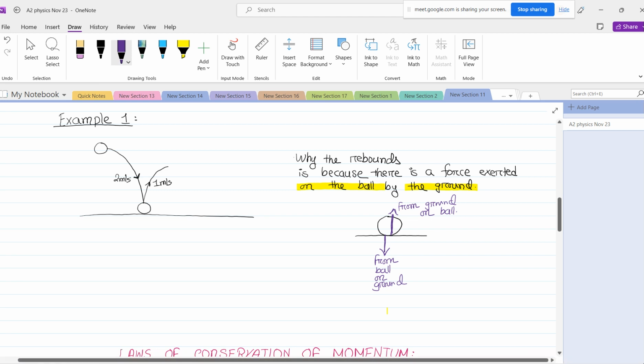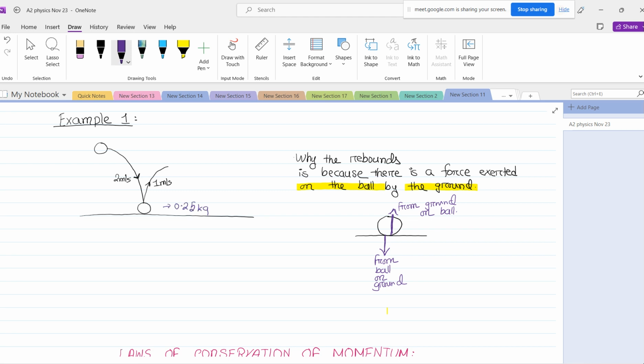In order to calculate the value for force, if you are only involving the concepts for the ball, we can calculate the impulse for the ball using the velocity first. The mass of the ball was 0.25 kg. So the impulse will be according to mass and change in momentum.